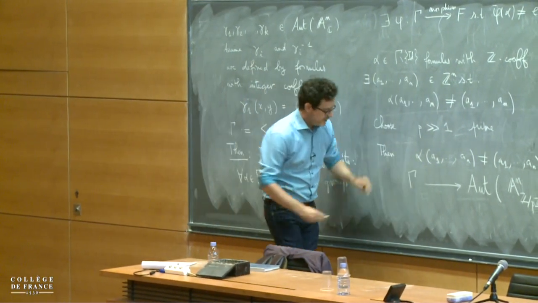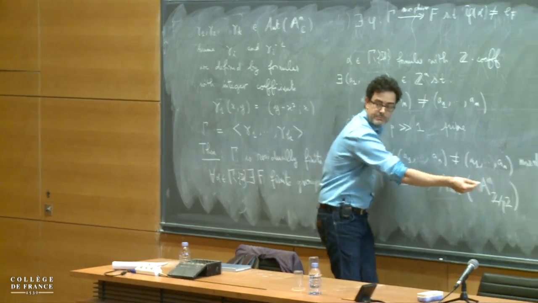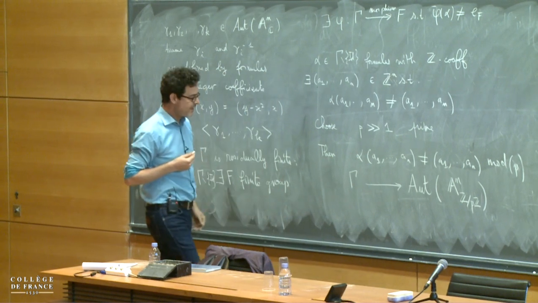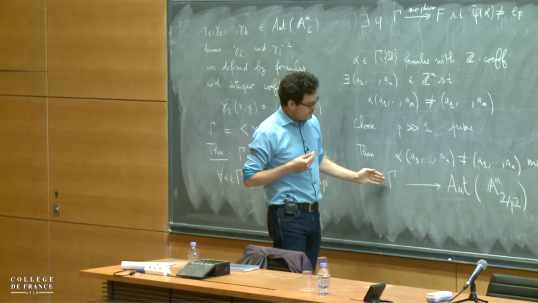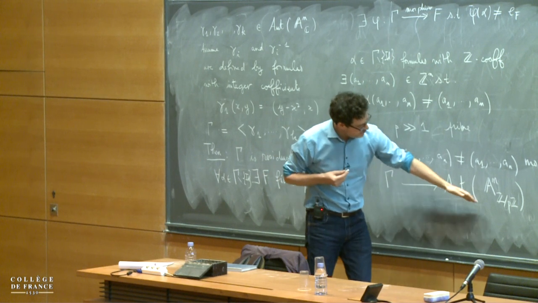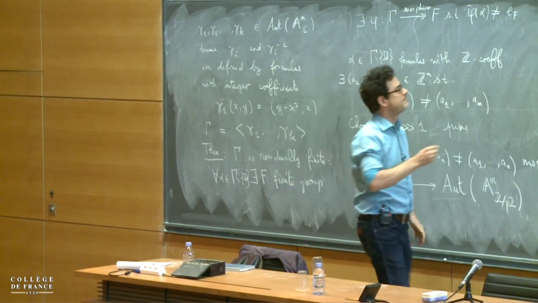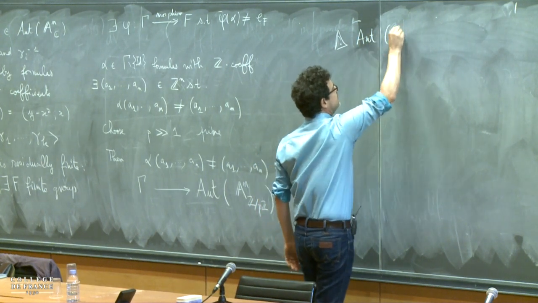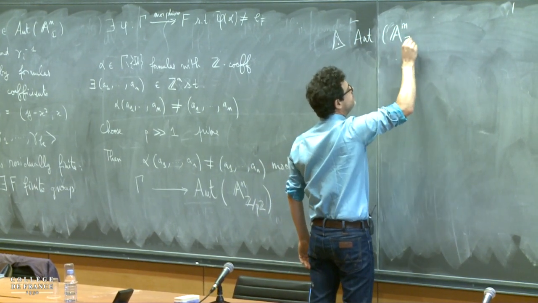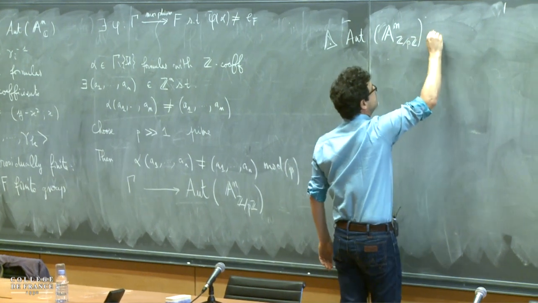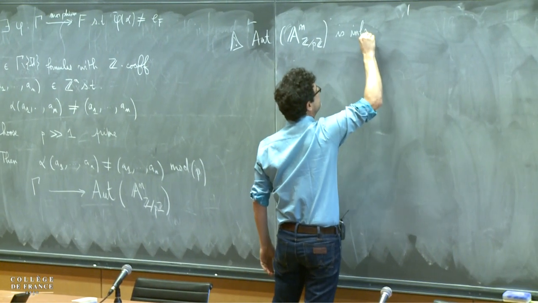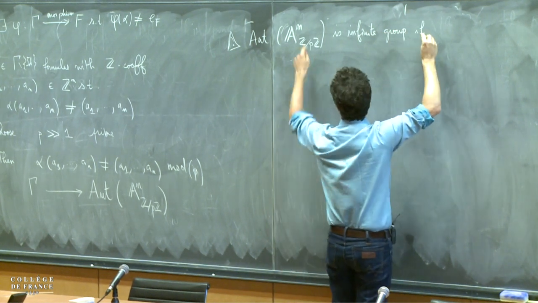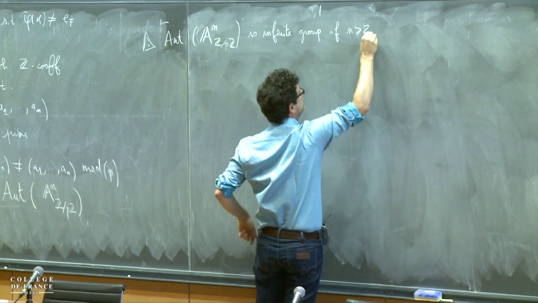And the image of alpha is not the identity in this group because of this relation. But this is not the end of the argument because this group is not a finite group. So it's an infinite group, at least if the dimension n is not 1.